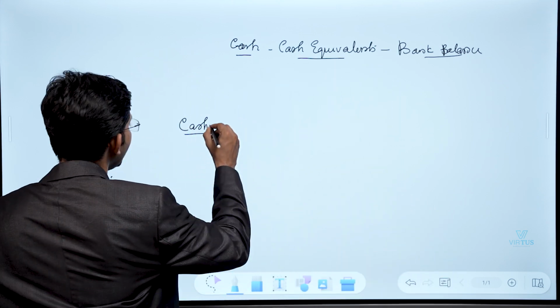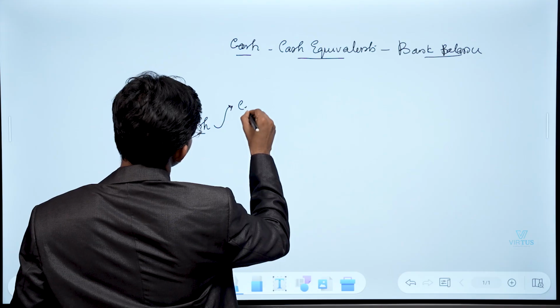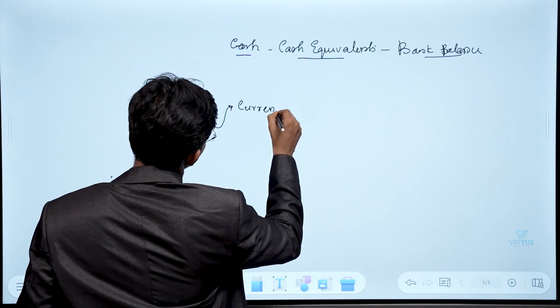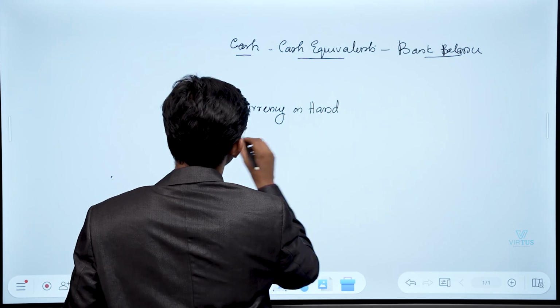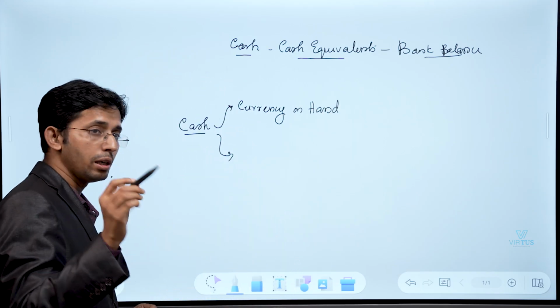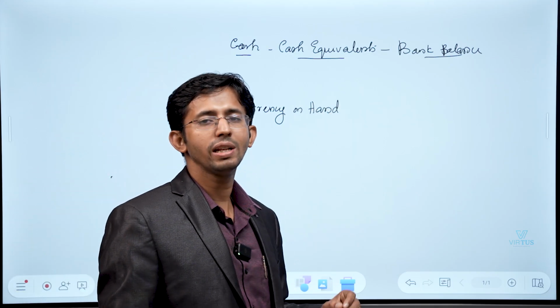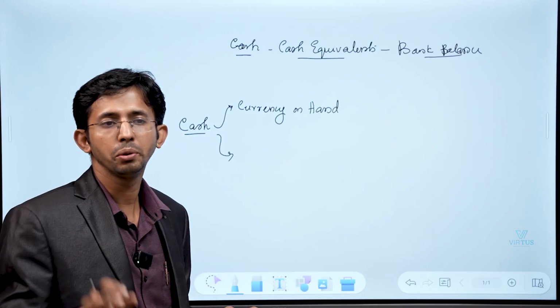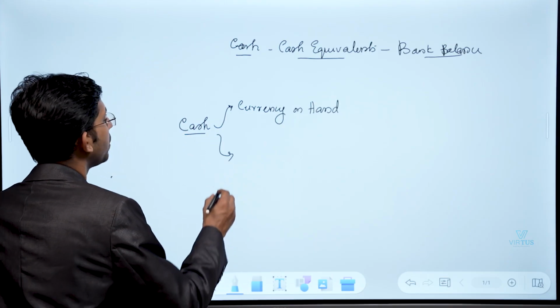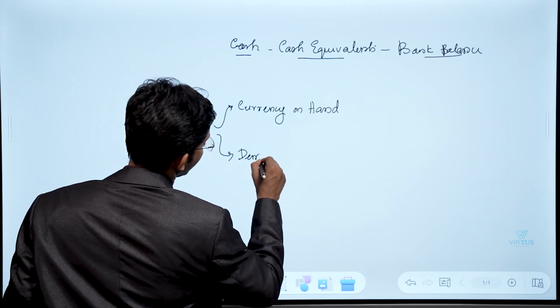So cash includes currency on hand. In addition to this, you have one more item which will come under the categorization of cash for the purpose of your balance sheet or Schedule 3. That is demand deposits in bank.